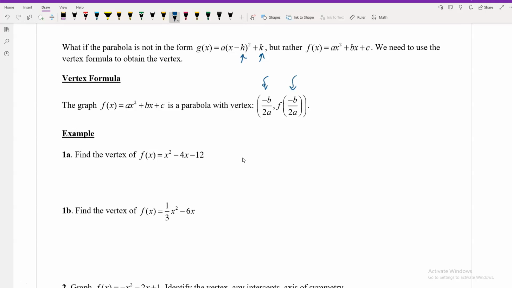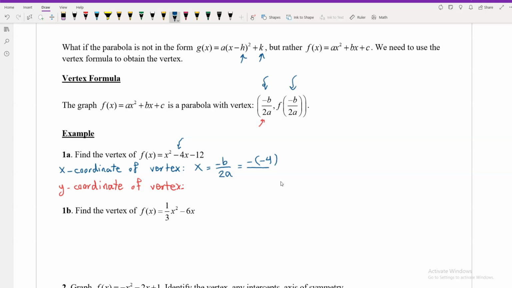Now here, example, find the vertex of f of x equal to x squared minus 4x minus 12. So to find what we have for x, here we have -b over 2a. So negative b is -4. 2 times a is 1. So that is 4 over 2, which is equal to 2. Now use 2 to find f of 2.